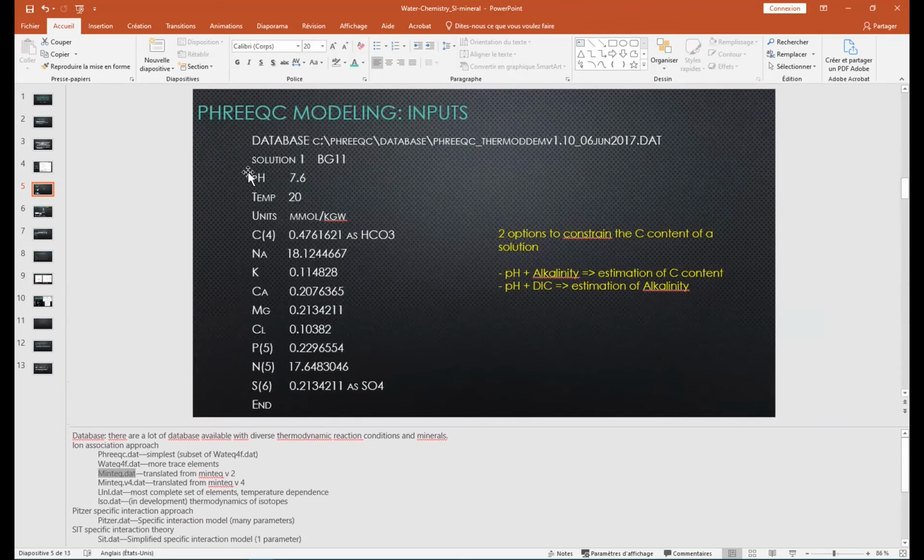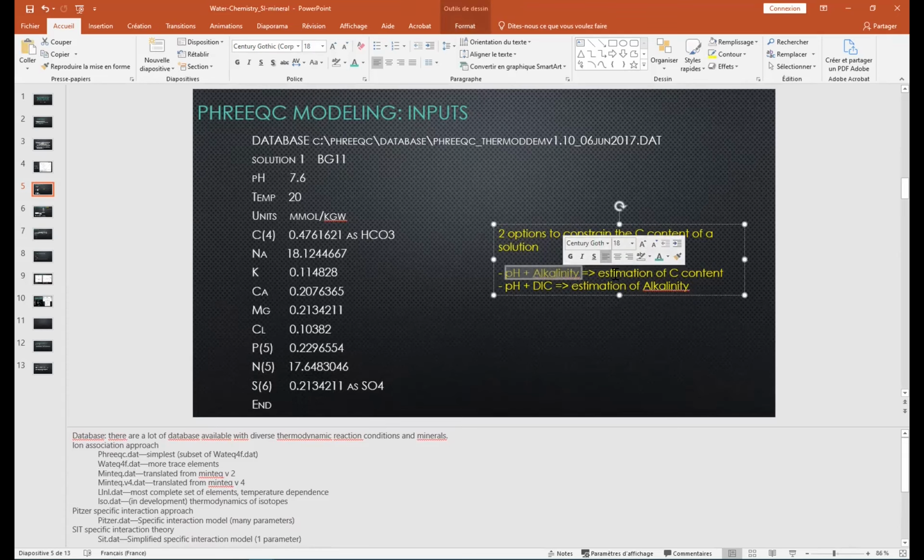Then you put all the parameters and chemicals you have in your solution. Basically pH and temperature, as I already said, and then all the major elements. The trace elements don't play a big role here. With the pH and the alkalinity, you can estimate the carbon content, but you can do the same with the pH and the DIC.